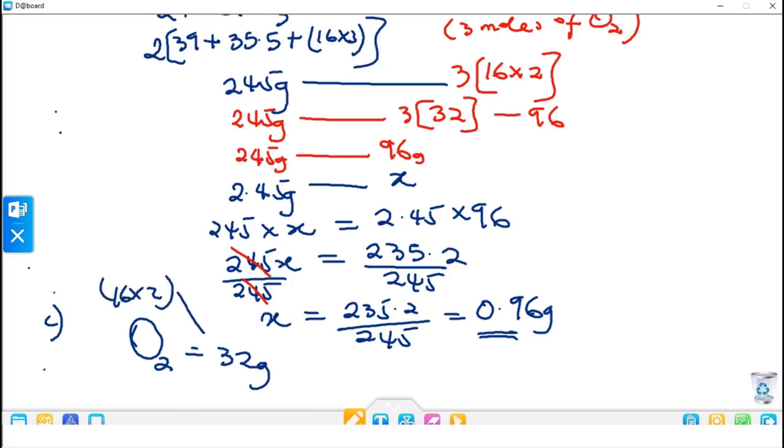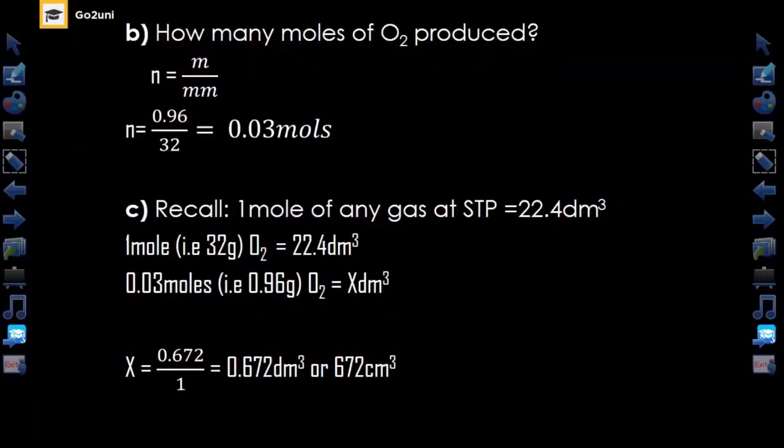So 1 mole of oxygen gas is 32 grams, and 1 mole of a gas occupies 22.4. So 32 grams of oxygen occupies 22.4 dm cube.